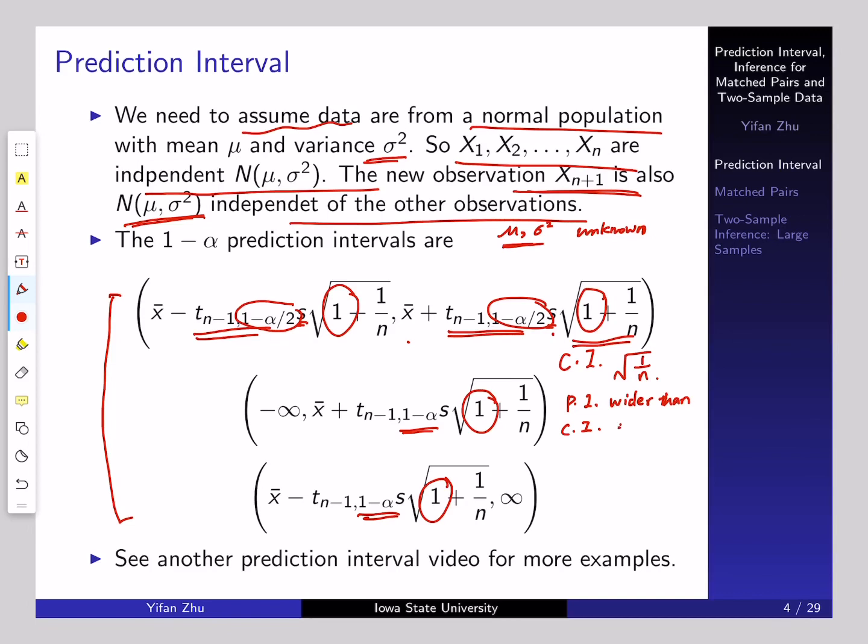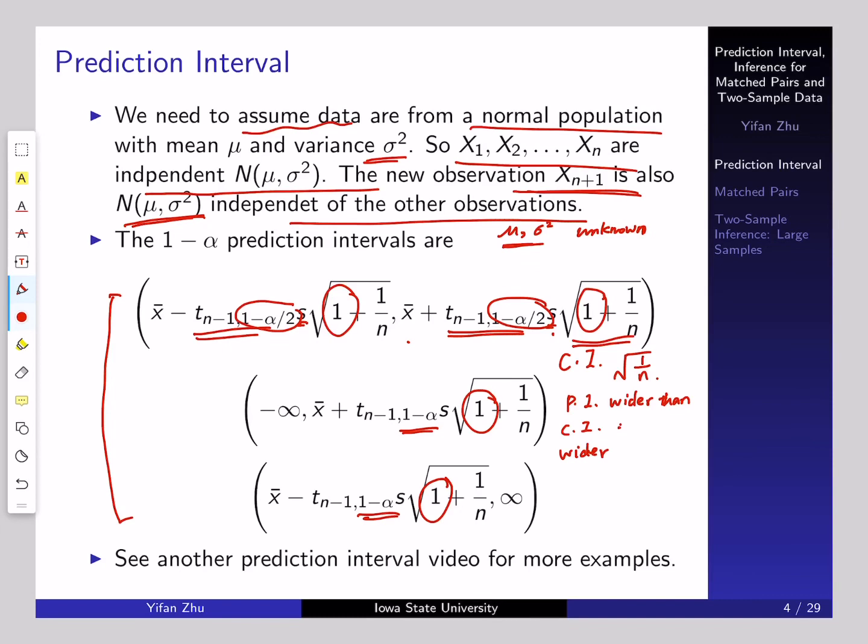Why? This makes sense because the PI is for a random variable, so it should be wider, because there is more uncertainty in a random variable, right? The confidence interval is just for an unknown mu, but the prediction interval is also for an unknown new observation, and that new observation has an unknown mean mu.